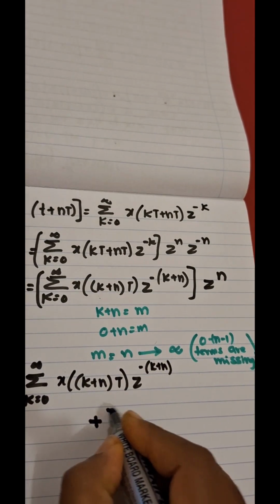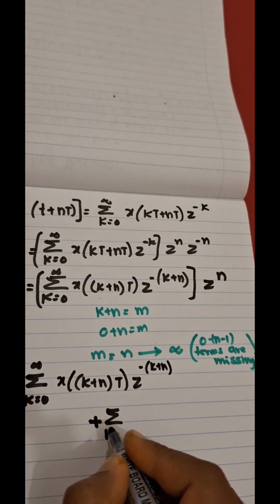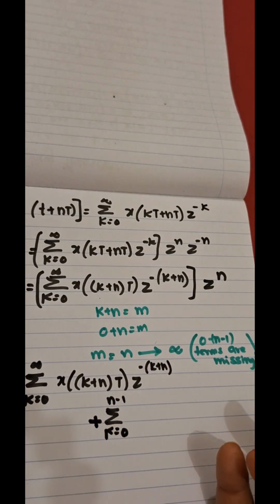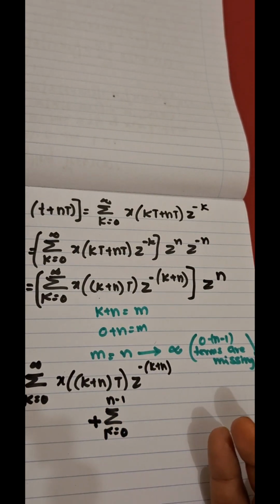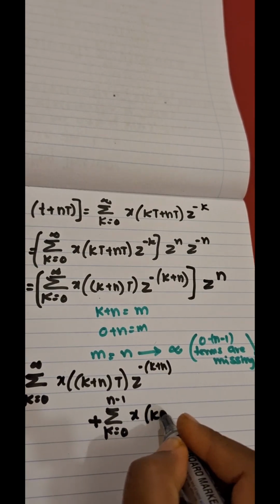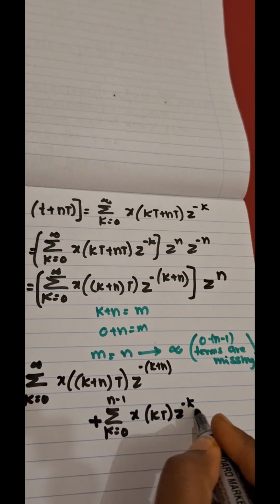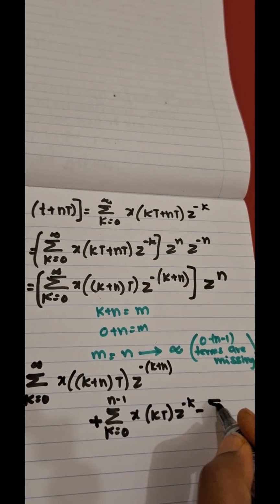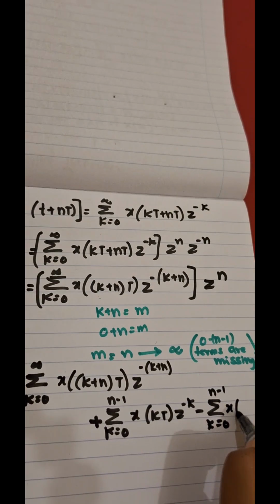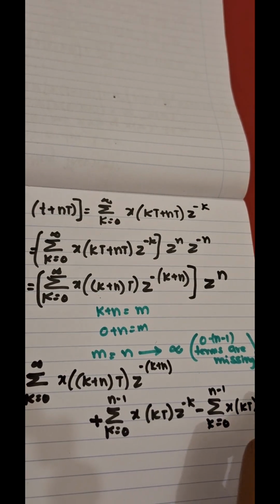Plus sigma k is equal to 0 to n minus 1, because for me n minor terms are missing. So that's the reason I wrote k equals 0 to n minus 1 x of kT z power minus k. So I added, meaning I should also subtract. So k is equal to 0 to n minus 1 x of kT z power minus k.